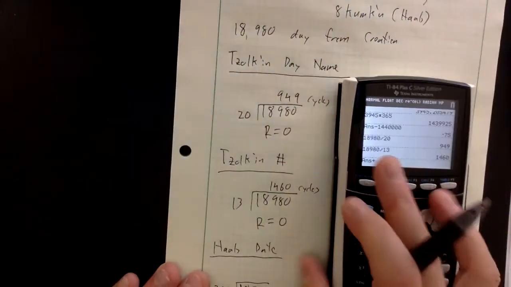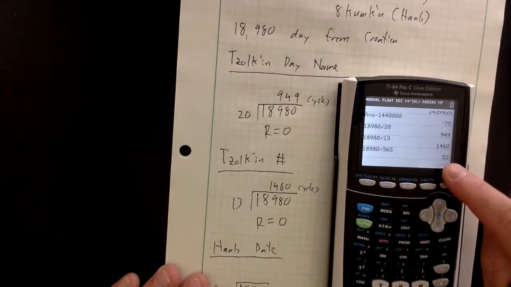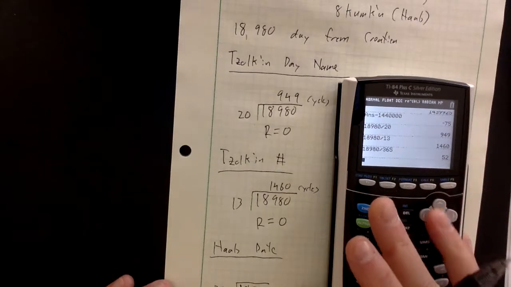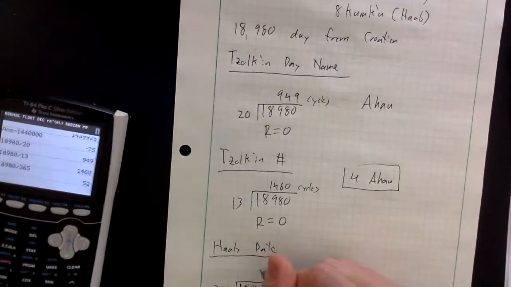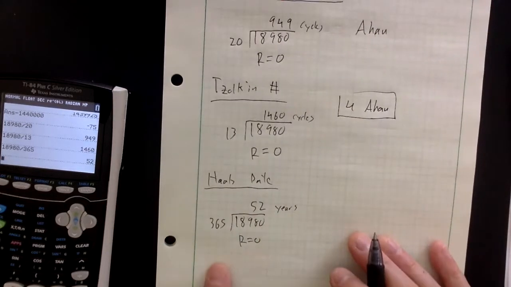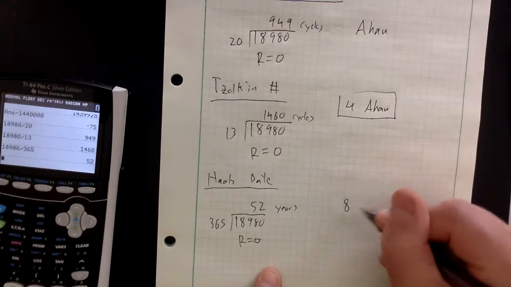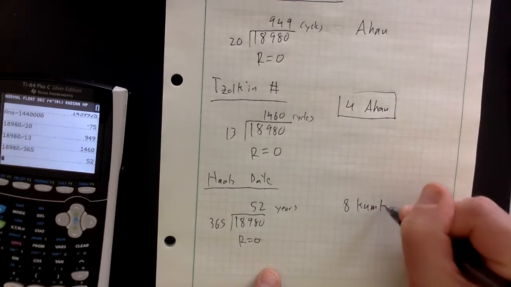So if I go on my calculator, throw in 18,980 divided by 365, I get 52, and look at that, no decimal. That means no remainder. 52 years, remainder equals 0. So what does that mean? We cycled through completely, 0 remainder, 52 years, to be at 8 Kumku.